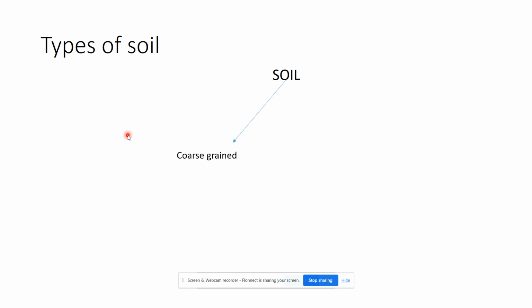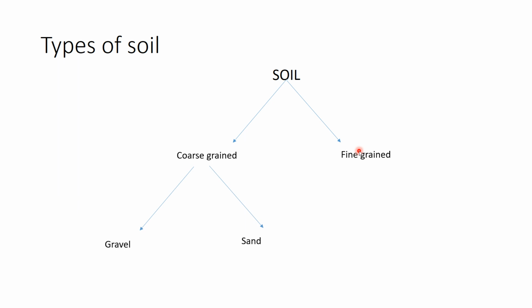As I said before, I just want to give you a clear idea of the broad classification of soil. In general, soil is classified into two major types: coarse grained and fine grained. In coarse grained we have gravel and sand, and in fine grained we have silt and clay.